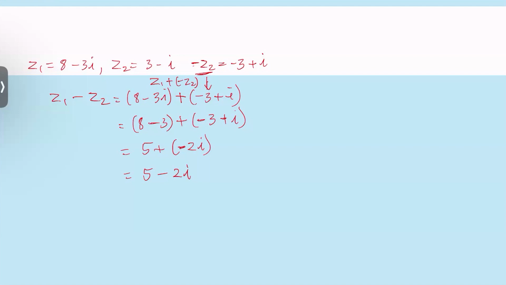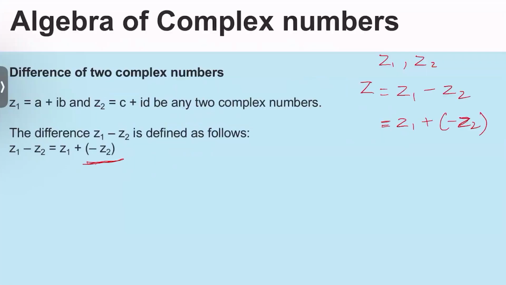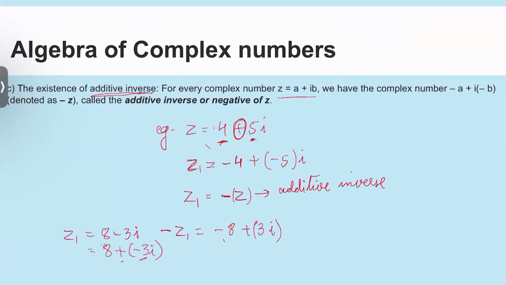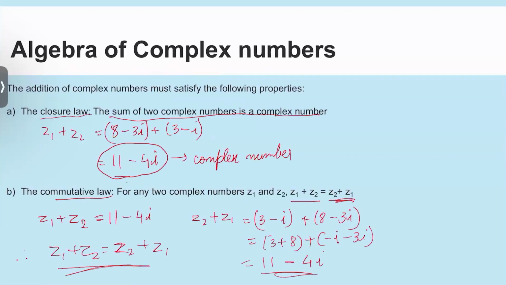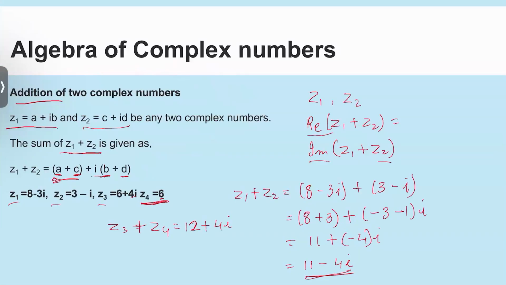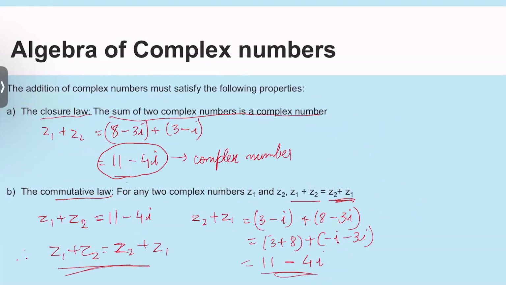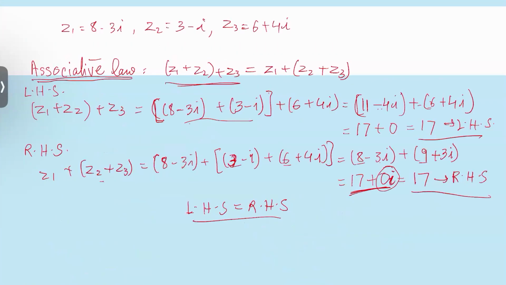If we take another example, with the numbers that we had taken previously, we have 6 plus 4i. Let's try with Z3 and Z4.